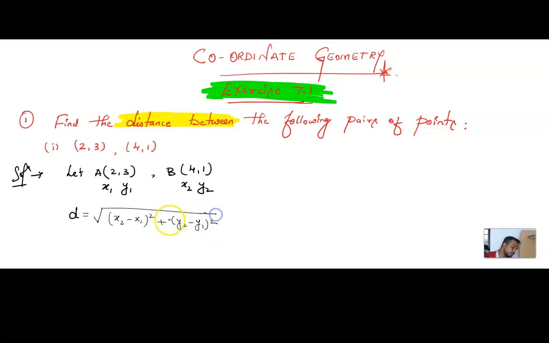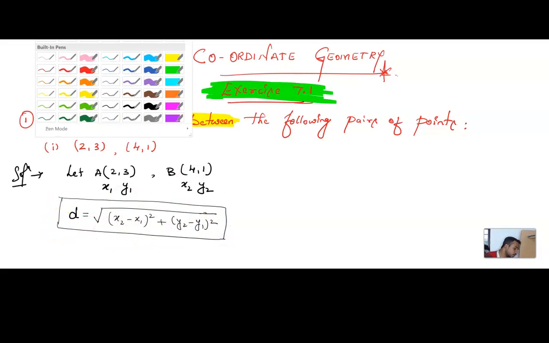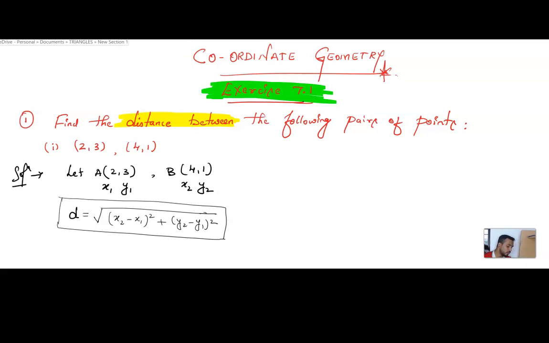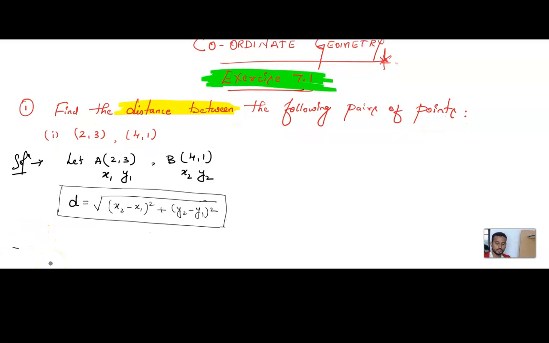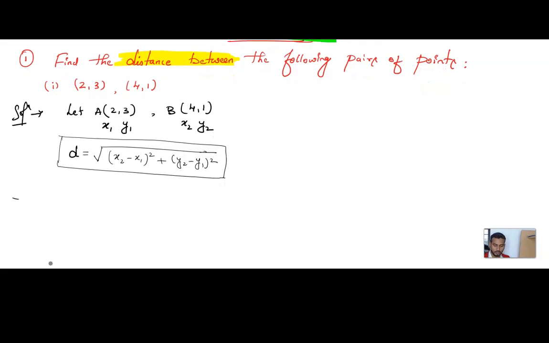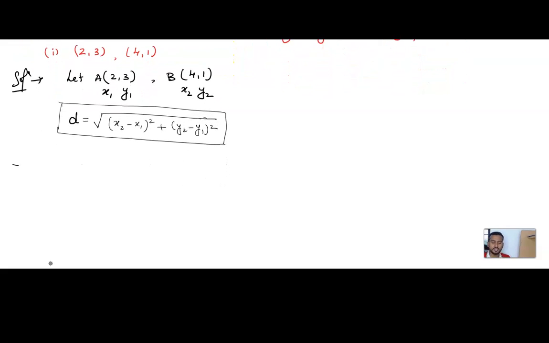Please make sure that this all comes under the square root. So what is the distance formula we have got? d equals root of (x2 minus x1) whole square plus (y2 minus y1) whole square. We just have to substitute the values, nothing else. Very simple and easy problem, children.